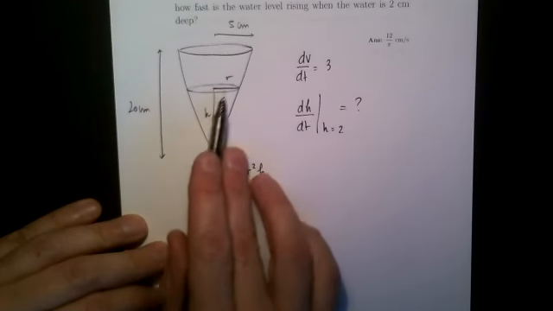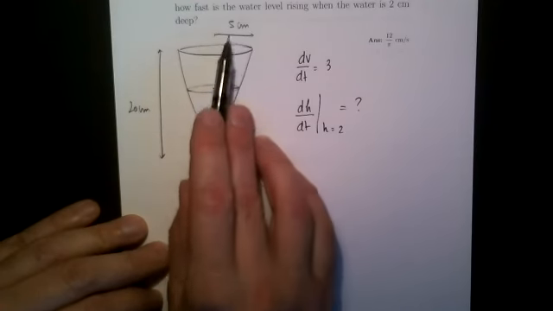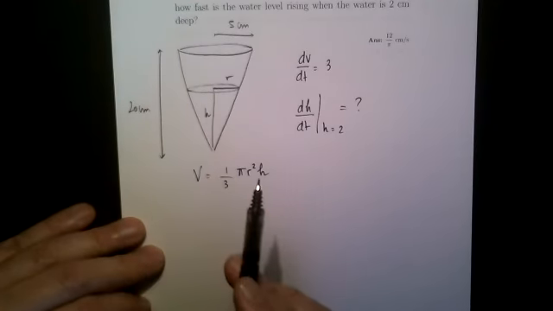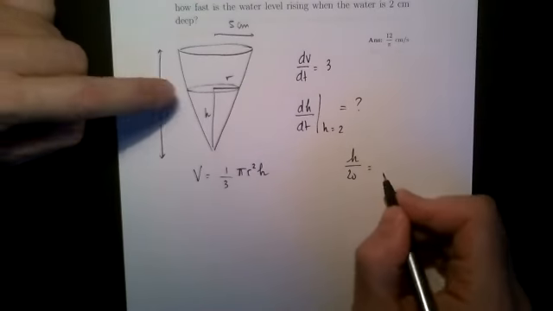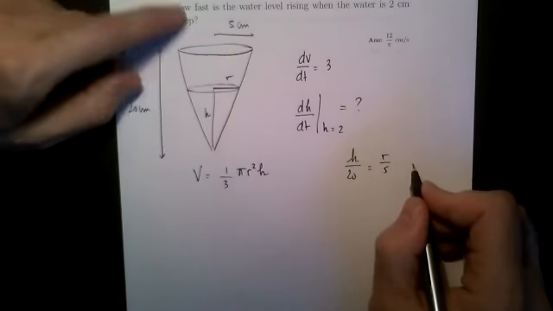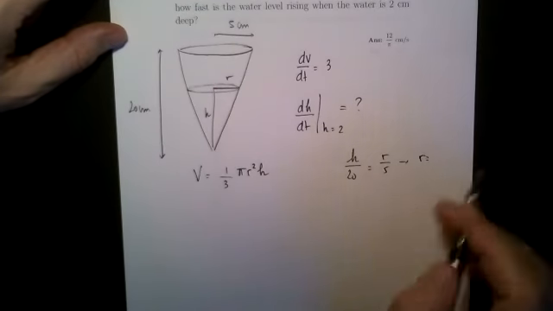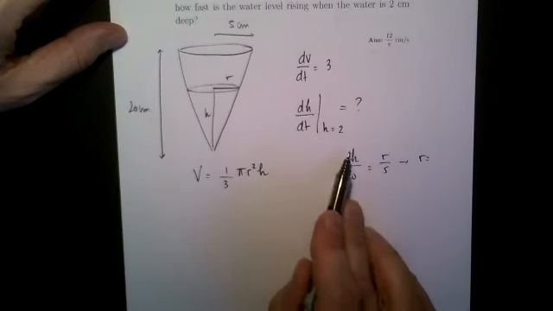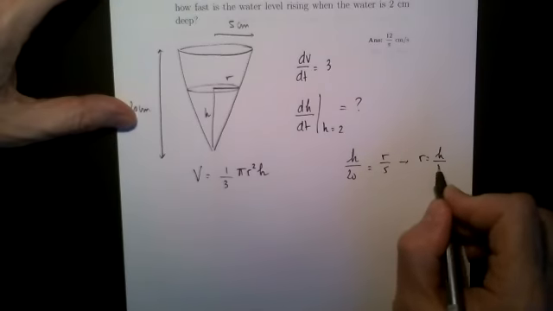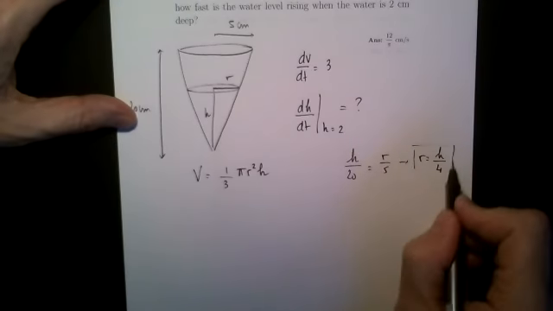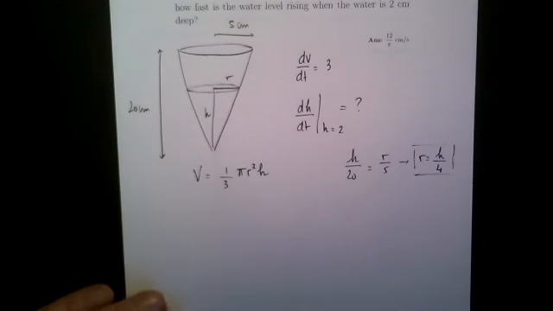So the relation between the radius and the height, r over 5 equals h over 20, and therefore the radius is equal to h over 4. Questions?